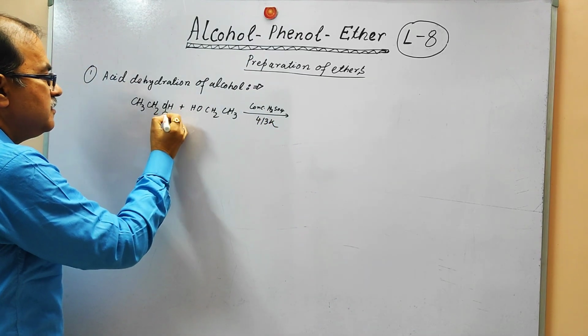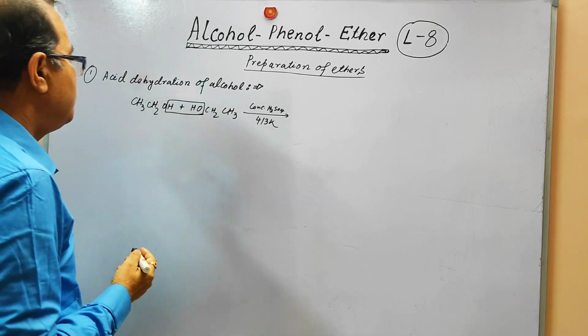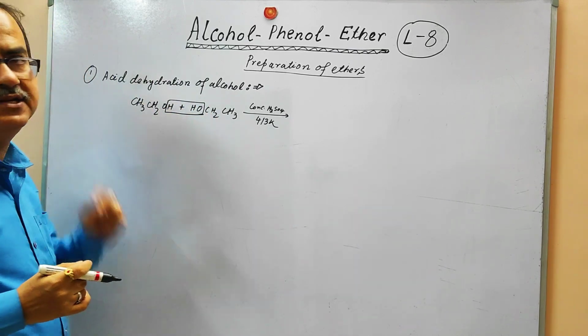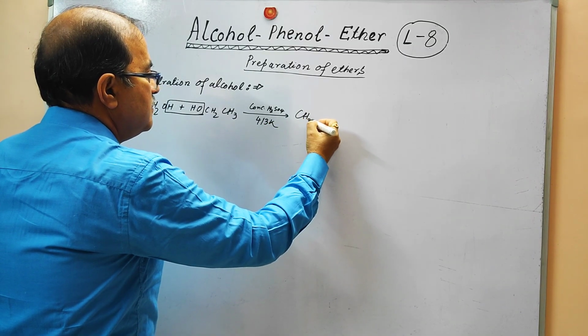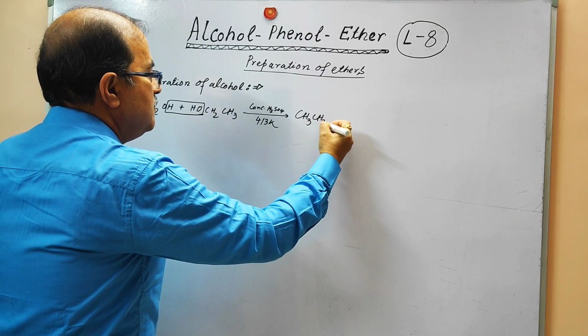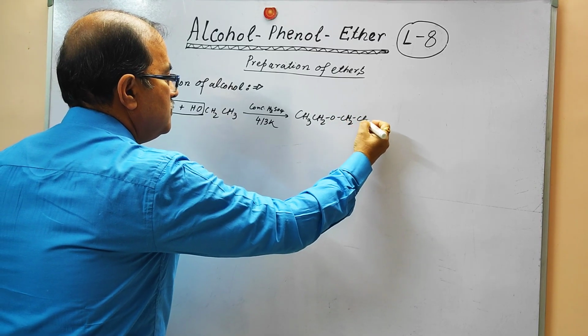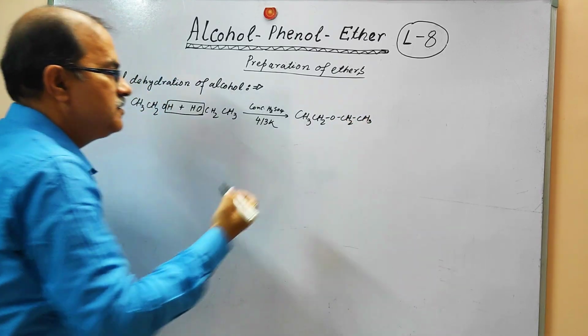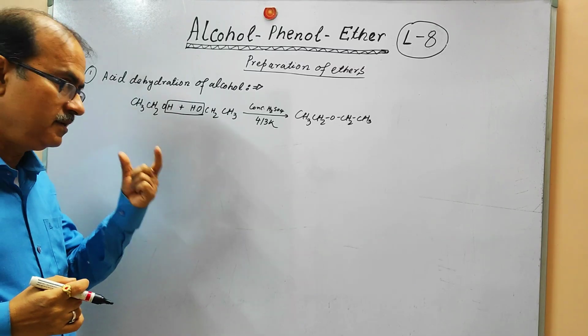Here you can see there is elimination of one molecule of H2O, that is why it is called a dehydration reaction. So in this process we can see this ether is formed. This is the symmetric ether. In this method we can only produce the symmetric ether.